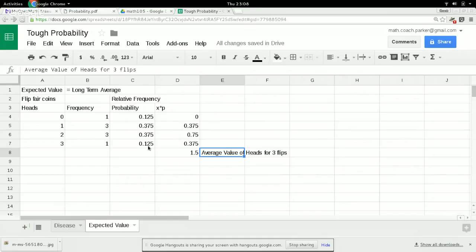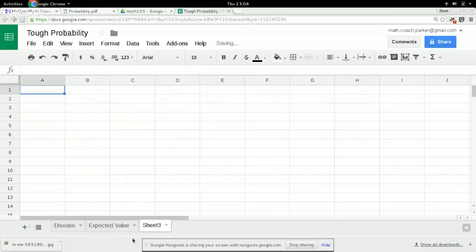Okay, so now I'm going to change the game a little bit. So let's get a new tab. So again, here's the game. We're going to make it a little more complicated. We're going to flip 3 coins. And you have to pay $1.